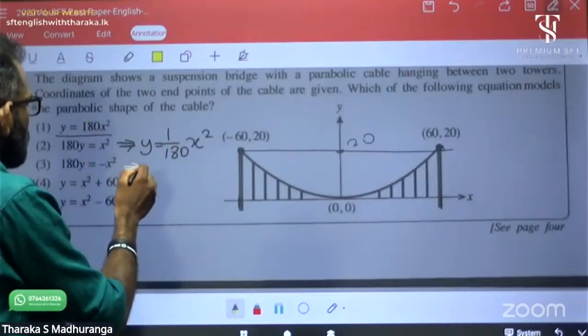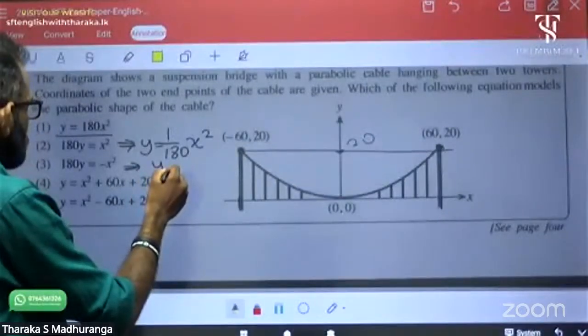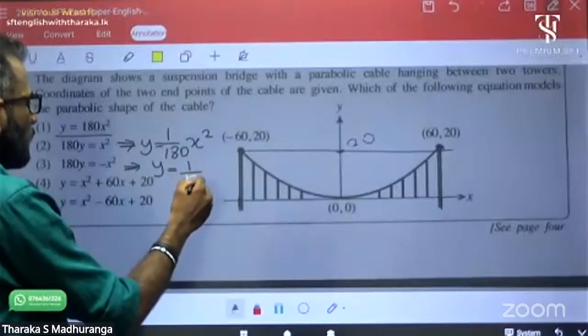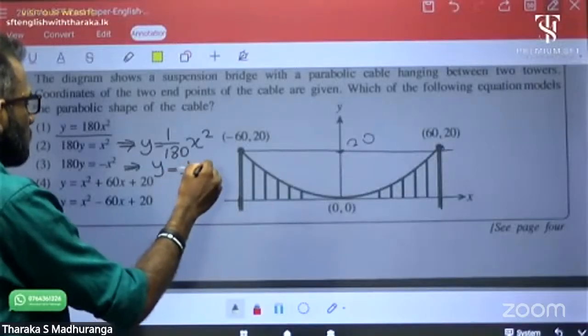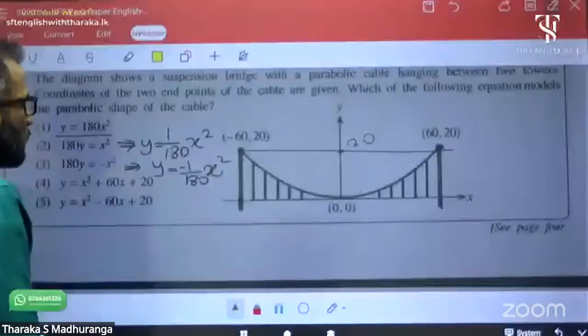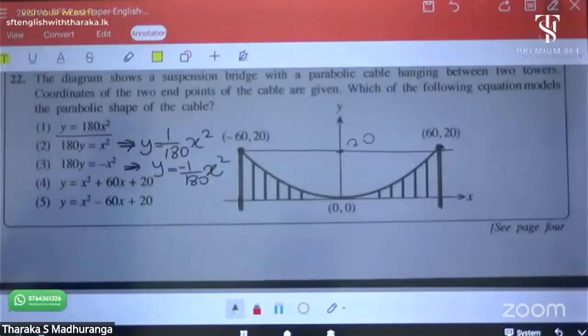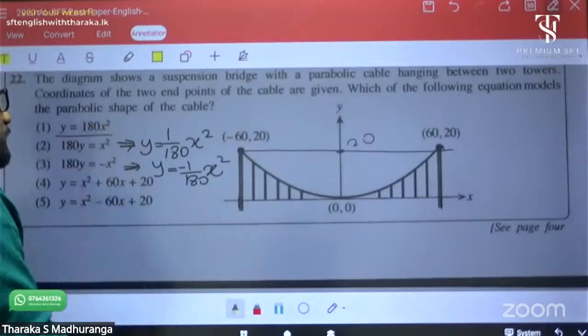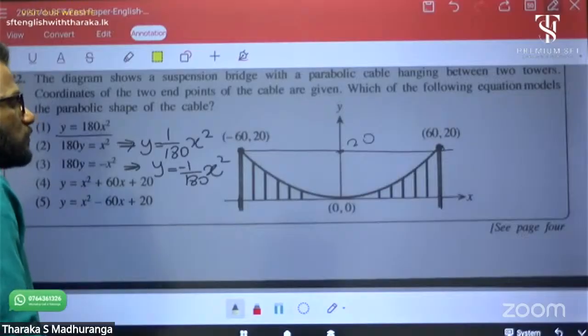The third one is y equals minus 1/180 x squared. Those are the answers. Y equals 180 x squared, sorry, y equals 1/180 x squared.